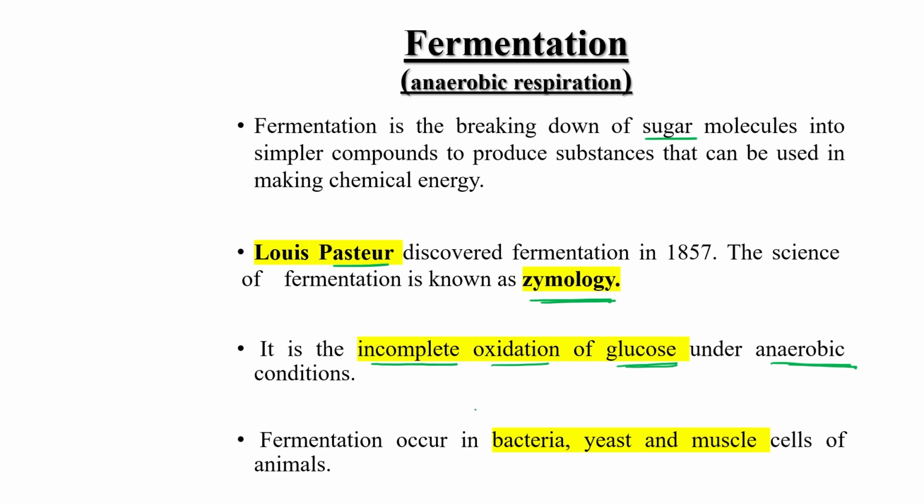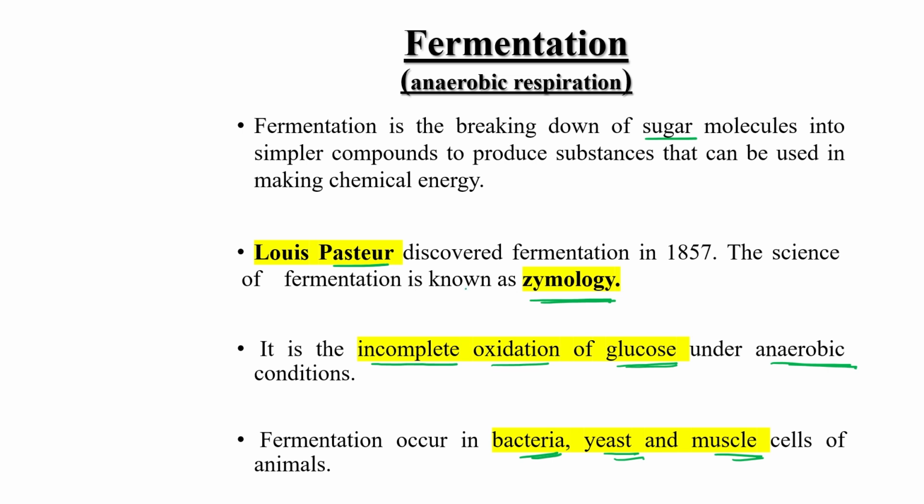Okay, so fermentation occurs in bacteria, anaerobic bacteria, certain kinds of yeast, Saccharomyces, and muscle cells of animals. If blood supply is not vigorous and continuous, then at that time also body cells require energy. Immediately cells switch from aerobic to anaerobic conditions and start producing lactic acid.